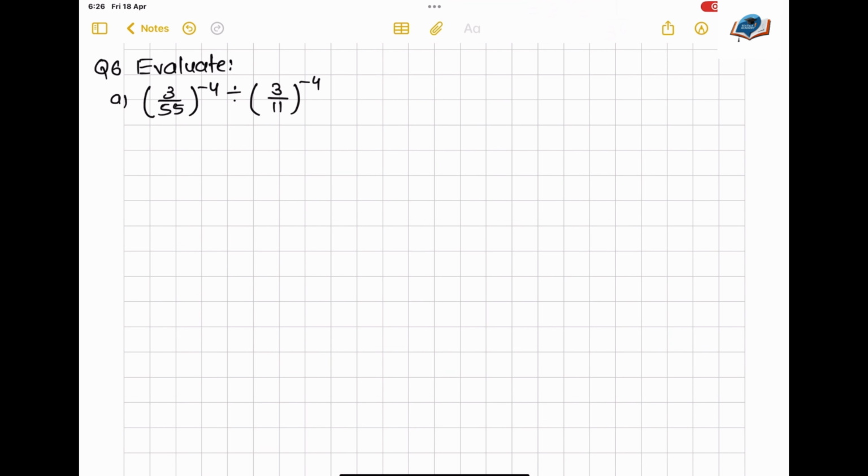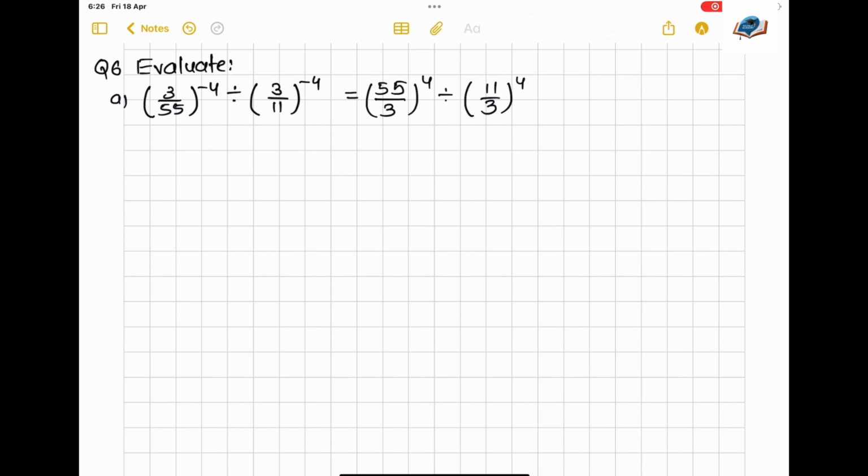Now next question says evaluate. First one is 3 upon 55 whole raised to minus 4 divide by 3 upon 11 whole raised to minus 4. So first of all, can I write this as 55 upon 3 whole raised to 4 divide by 11 upon 3 whole raised to 4.